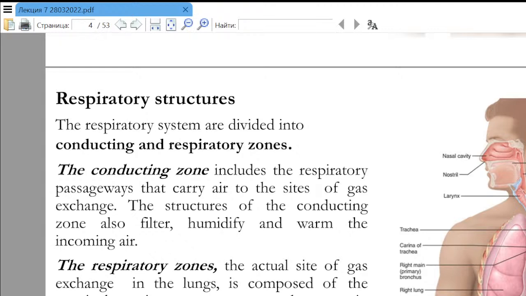Conducting and respiratory zones. Conducting zone and respiratory zone.